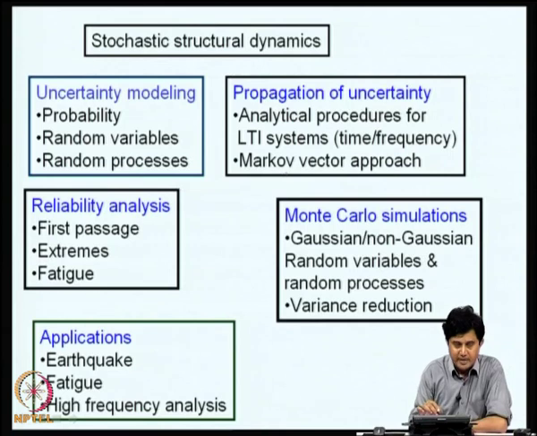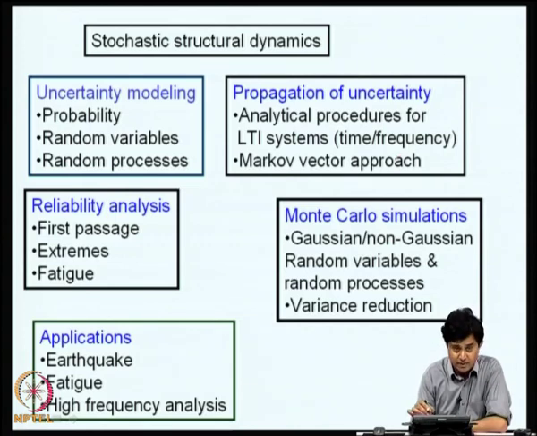We also developed yet another parallel set of tools which are applicable to systems driven by white noise or filtered white noise, where the response vector can be modeled as a Markov vector, and consequently several mathematical tools based on the theory of Markov processes become applicable.